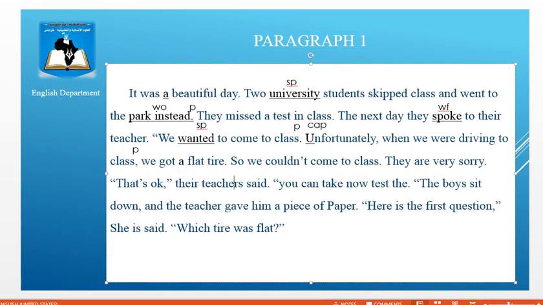So we couldn't come to class. There's something wrong here. Connect to make sentence. Here we have a linking word, so it needs what? We need comma and we need S to be small.